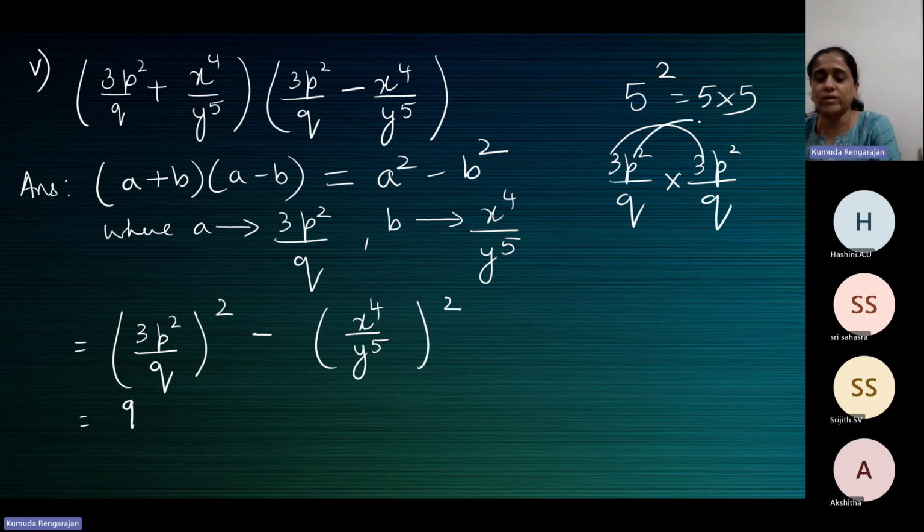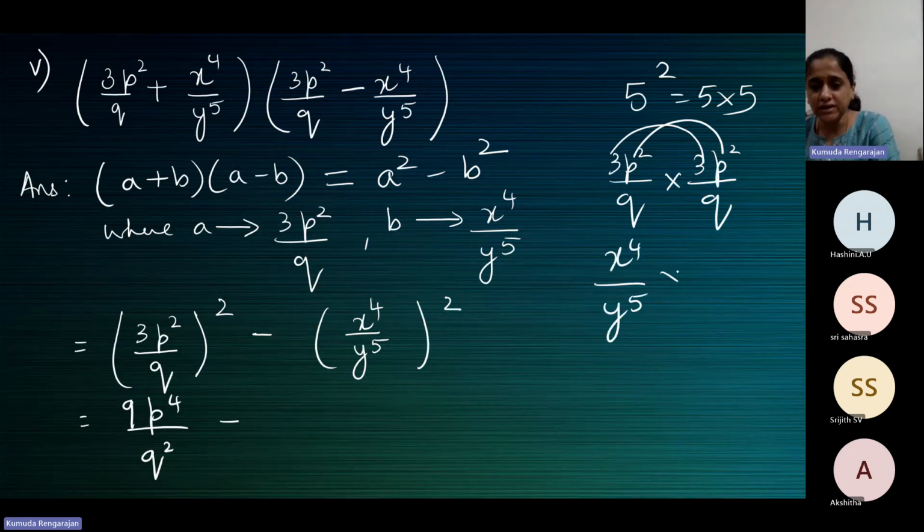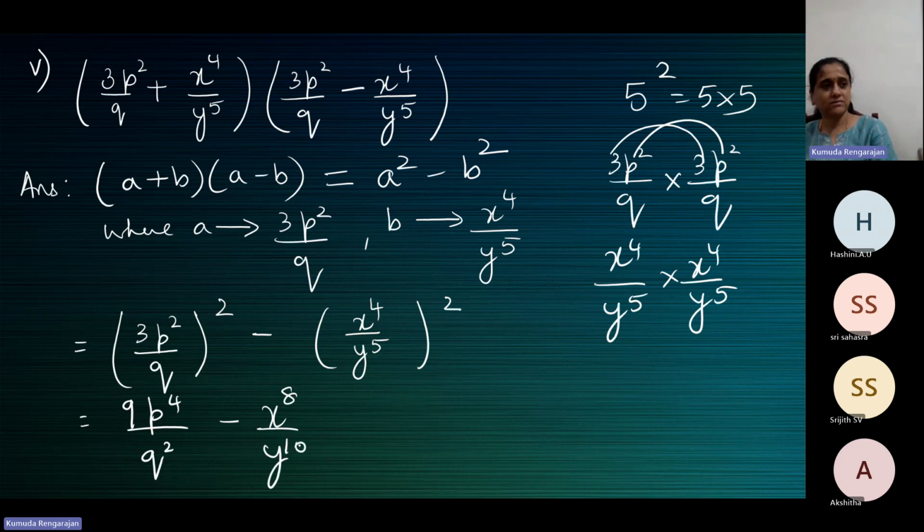P squared into p squared, add the powers, p to the power 4 by q into q, q squared. Minus x to the power 4 by y to the power 5 into x to the power 4 by y to the power 5. Add the powers, because when it's multiplication, you add the powers, not multiply the powers. 4 plus 4, 8. X to the power 8 by y to the power 10.